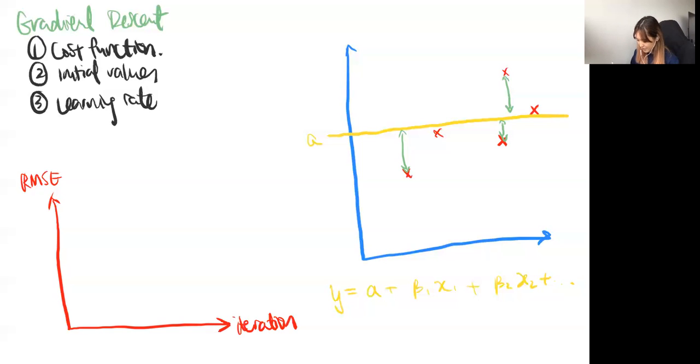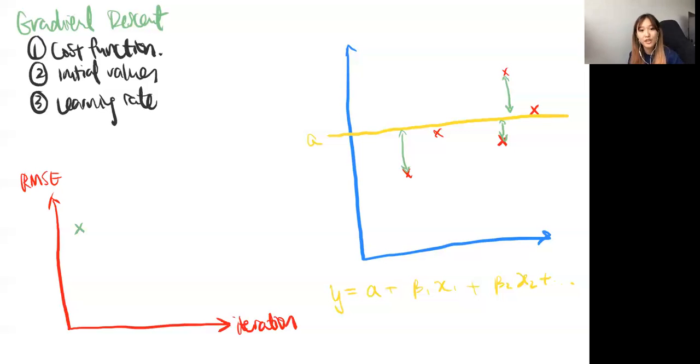At our first iteration, RMSE is going to be fairly high, because this is just the average line. Your mean squared error is going to be much higher than if you were to give it a tiny slope. So what gradient descent does is take note of what this initial RMSE value is.